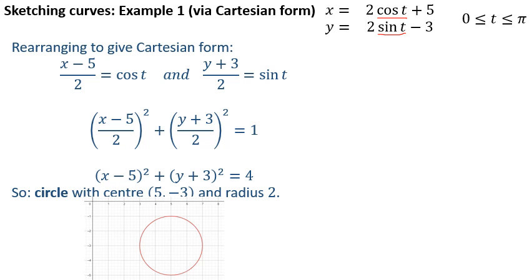So we're done, right? We have a circle, it's got the appropriate center and the appropriate radius. Well, not necessarily. And this is one of the things you have to be very cautious of, especially when you're sketching from the Cartesian form, because this does not necessarily match the original situation exactly.